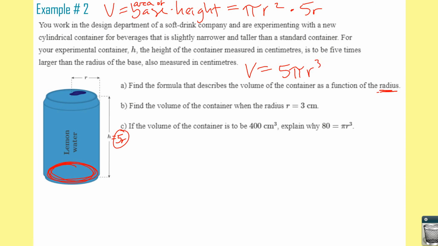So now we want to find the volume when the radius is 3. So we just have to plug that in. So 5 times pi times 3 cubed. We plug that into our calculator, and we should get 424 centimeters cubed.